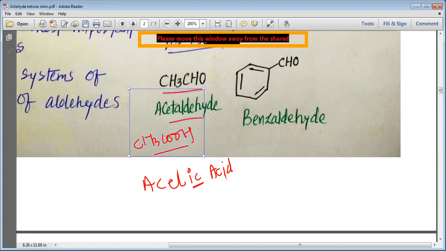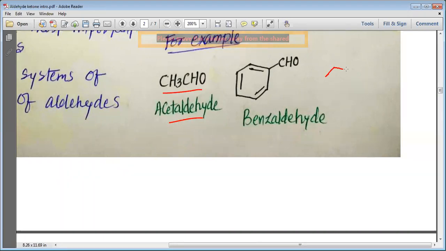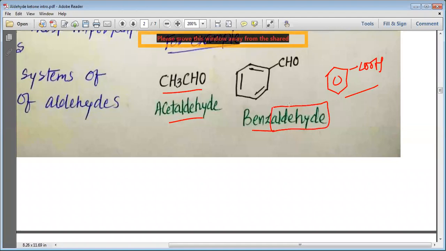So just by replacing the "ic", we get acetaldehyde. In the same way, if we have benzoic acid, the "ic acid" is removed and then we add the word aldehyde at the back, and we get benzaldehyde. So this is the way we give the common name.